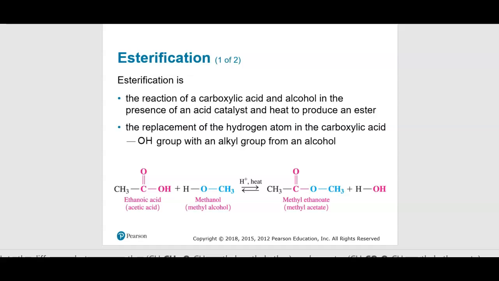Anyway, here's what you really do with what I mentioned with an acid: you take the carboxylic acid and the alcohol, and you take a stronger acid. And you remember carboxylic acids like acetic acid, ethanoic acid, they're weak acids.